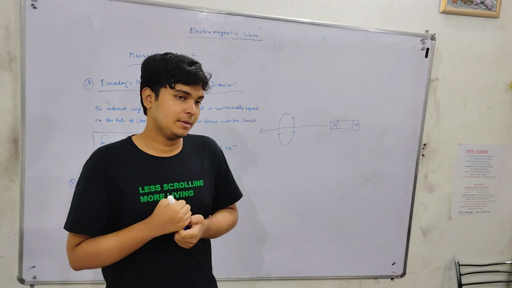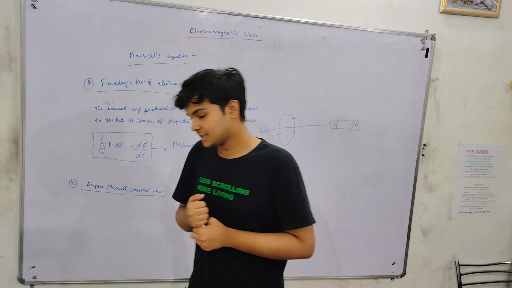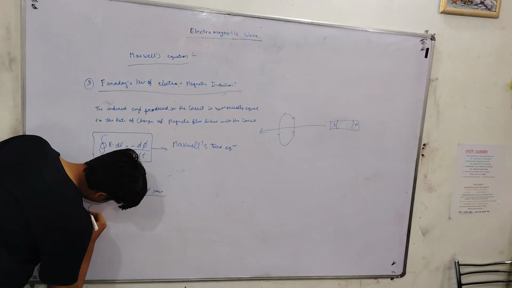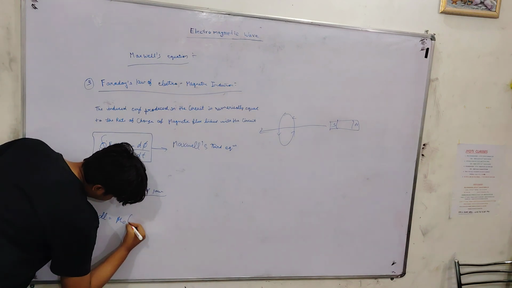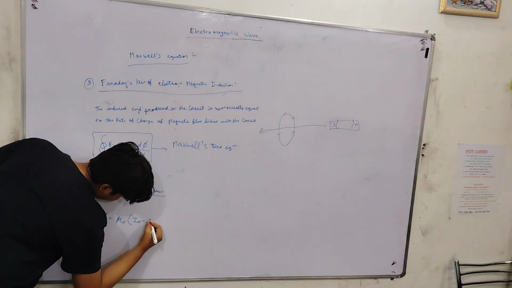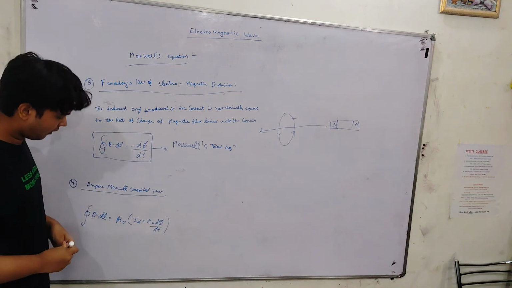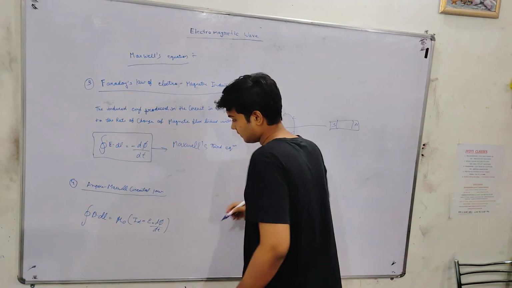The current here is the sum of the conduction current and the displacement current. The formula is: closed loop integral of B dot dl equals mu naught times i plus mu naught epsilon naught d phi E by dt. This is the formula of the Ampere-Maxwell circuital law.